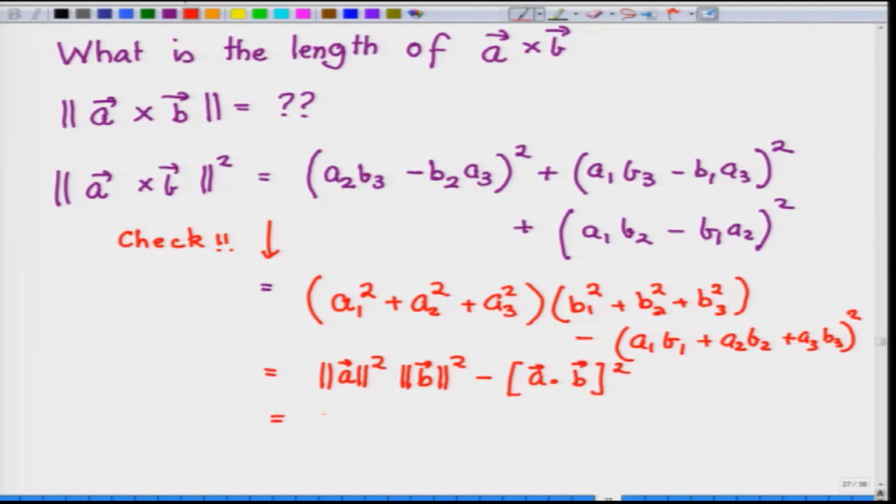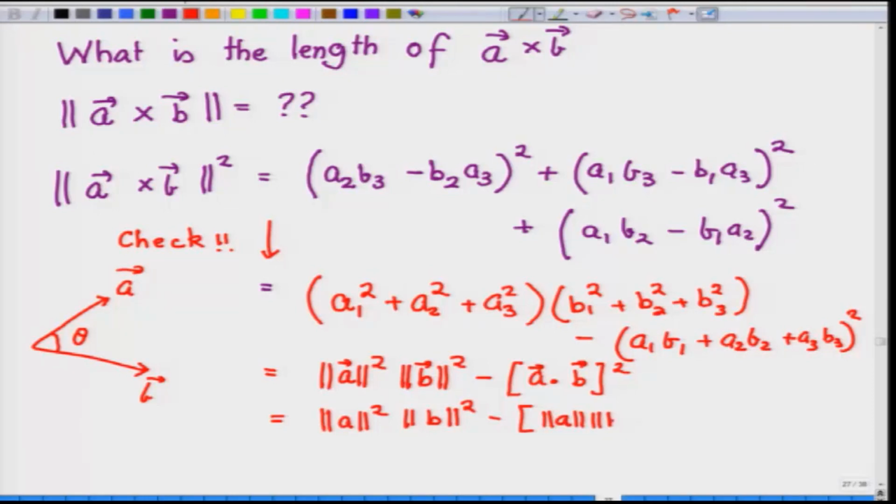If theta is the angle between the two vectors, A dot B is norm A norm B cosine of theta.